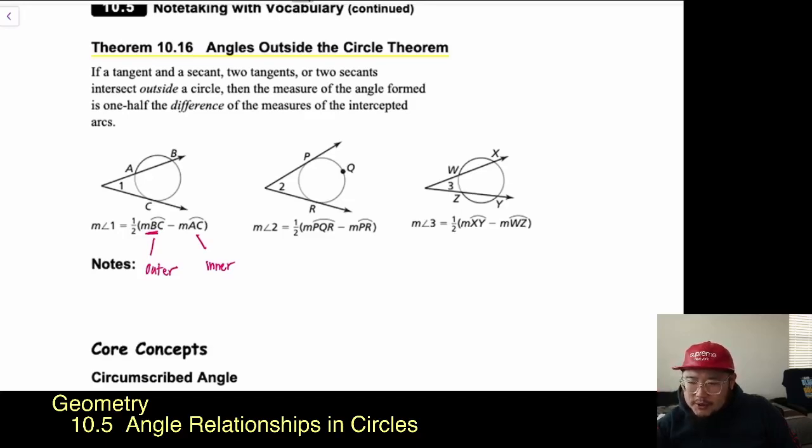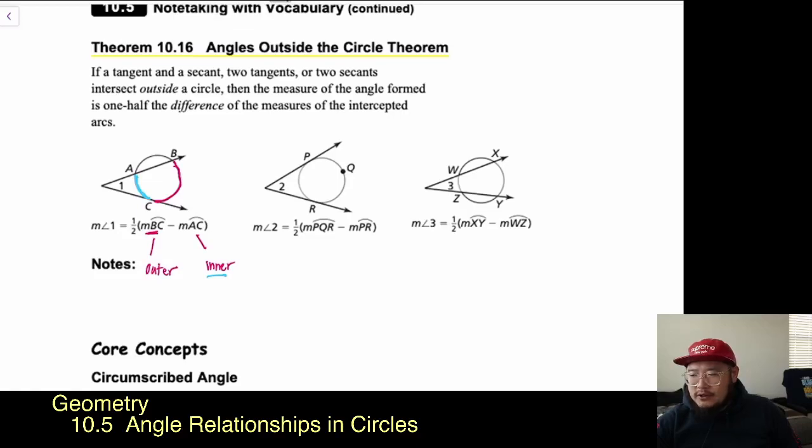So once again, B to C is the outer arc. A to C right here, I'll highlight that in blue, that's your inner arc. So the measure of angle 1 is equal to 1/2 BC minus AC. Now don't forget, this one is minus, all right? Outer arc minus inner arc.